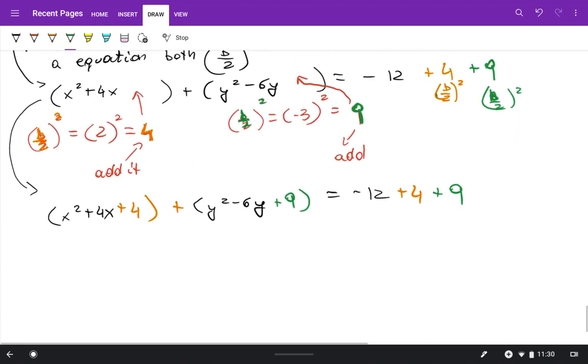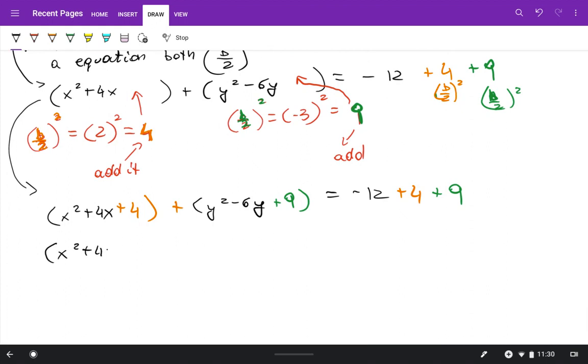Okay, so we're going to simplify that a little bit. So again, we have x squared plus 4x plus 4 plus y squared minus 6y plus 9 equal negative 12 plus 4 plus 9. So that will give us 1.